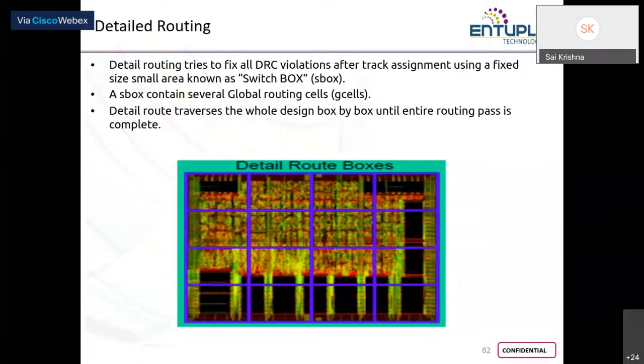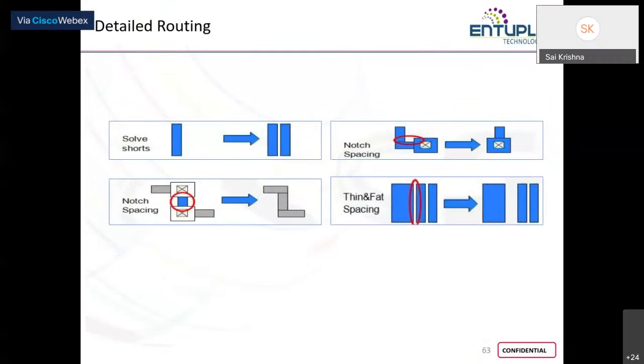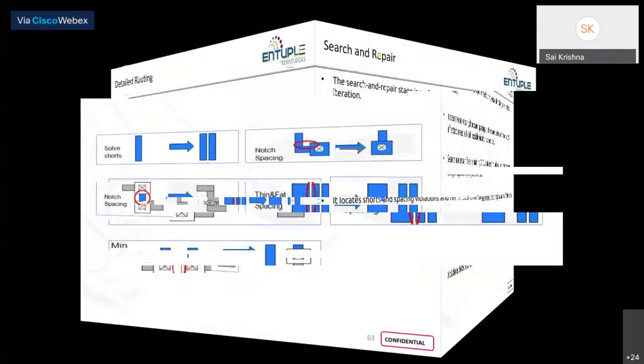Finally, a complete check is done to see if any connection is left out or improperly connected. As part of detailed routing and search and repair, these are the aspects that are checked: the spacing, the notches, or any opens and shorts.